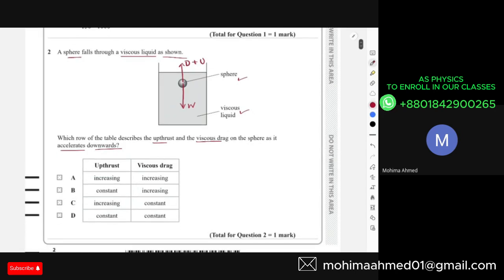But if you think about it this way, for upthrust the equation was rho V g, right? And for drag, it was 6 pi r eta v. In this case, 6 pi r are constant values.